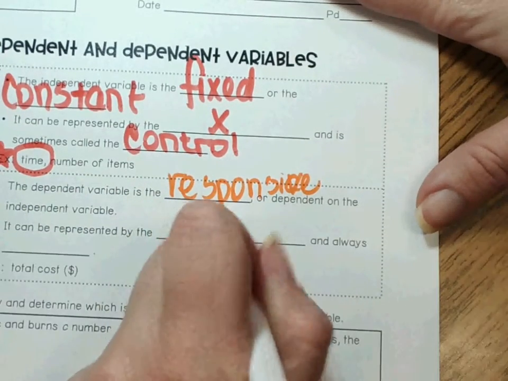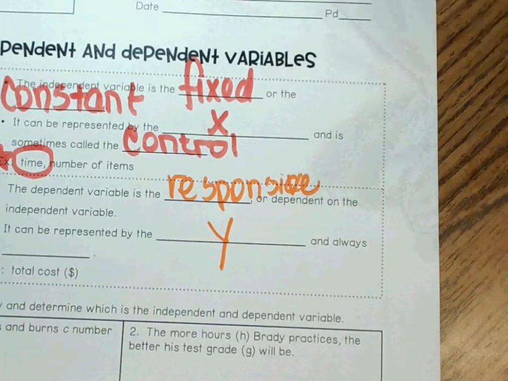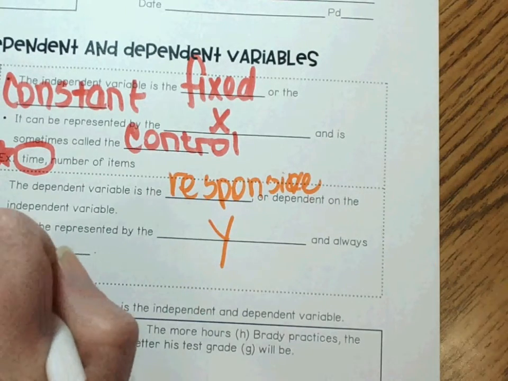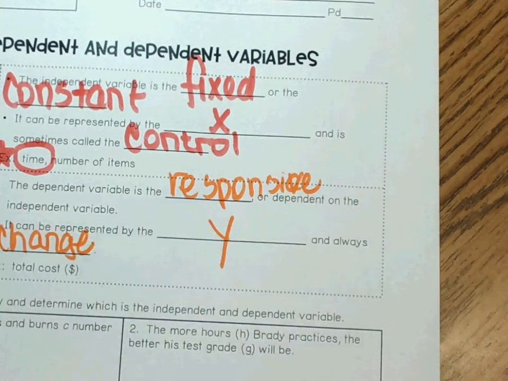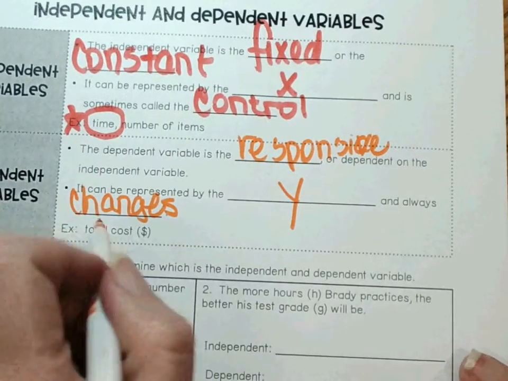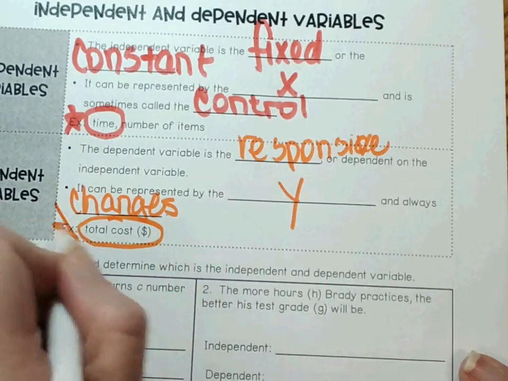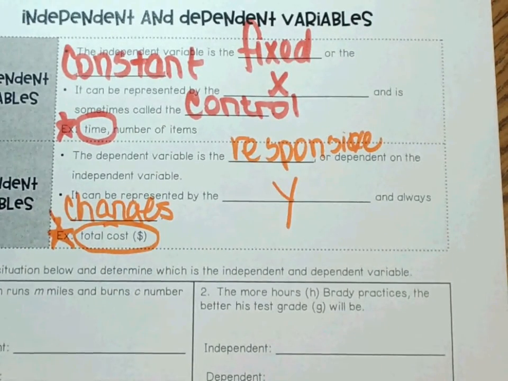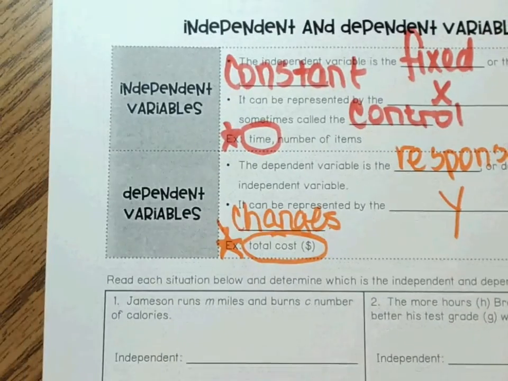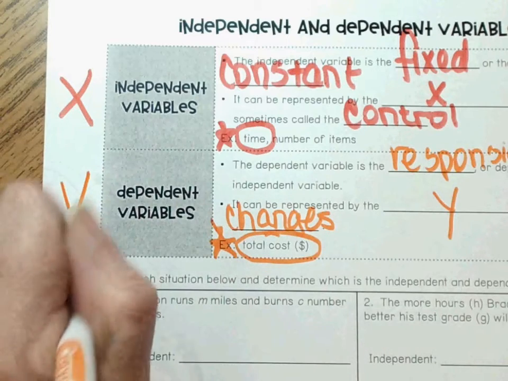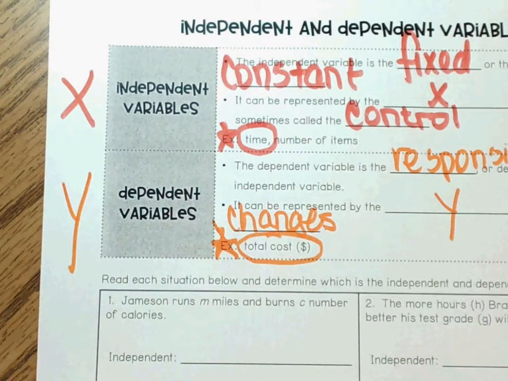It's always represented by the y, so the y value or the y coordinate, and it changes. One important one that is always dependent is total cost. Okay? So just so I remember it, pretty easy, I'm going to put an x out here and a y out here so I can see that pretty easy.